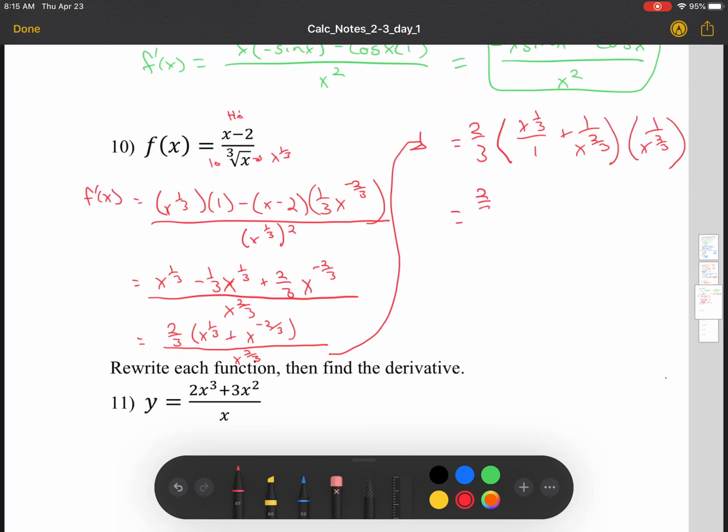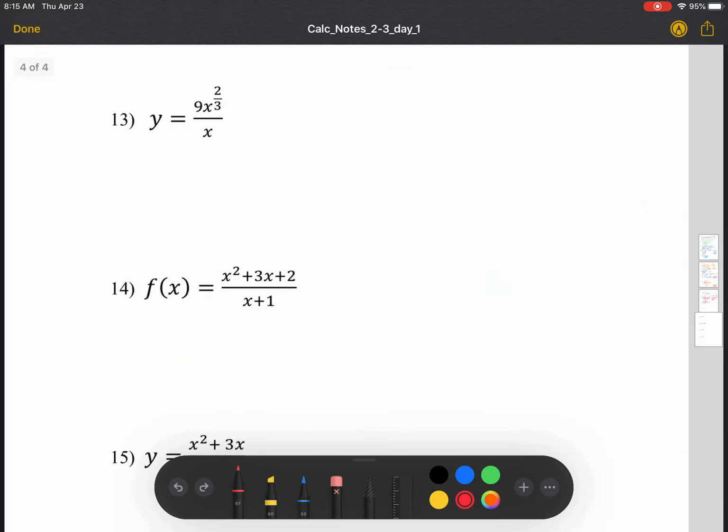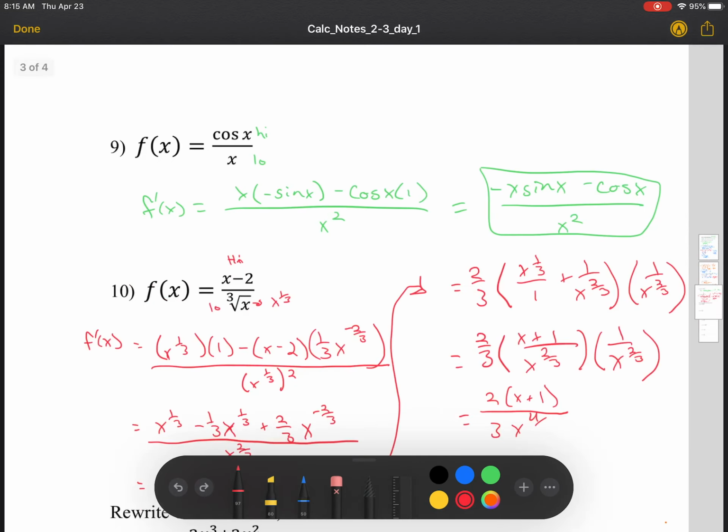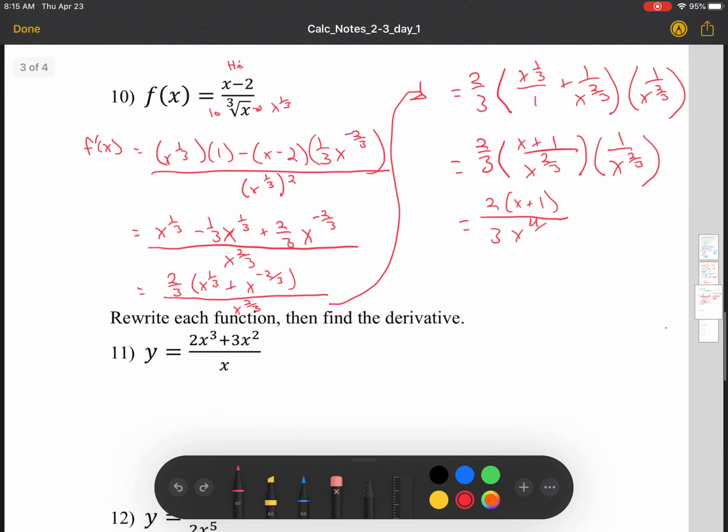Okay, and we're going to multiply the top and bottom by x to the 2/3. So you're going to get 2/3 x plus 1 over x to the 2/3 times 1 over x to the 2/3. And then you're going to get 2 times x plus 1 over 3 times x to the 4/3. Oops.